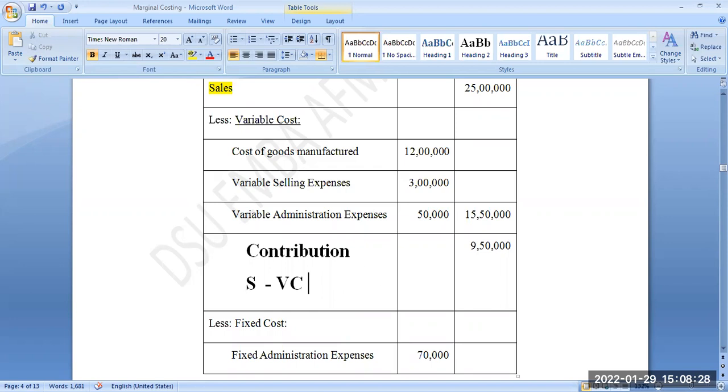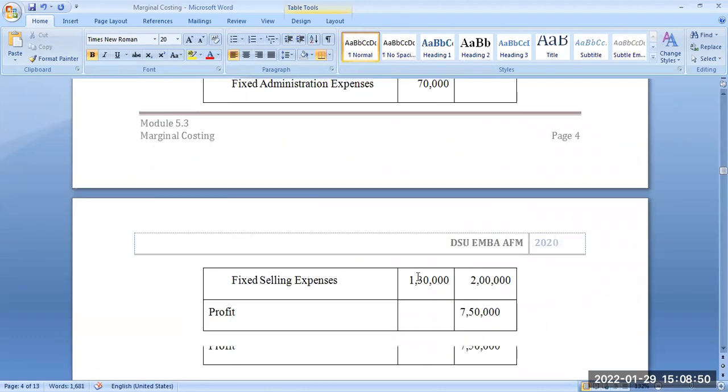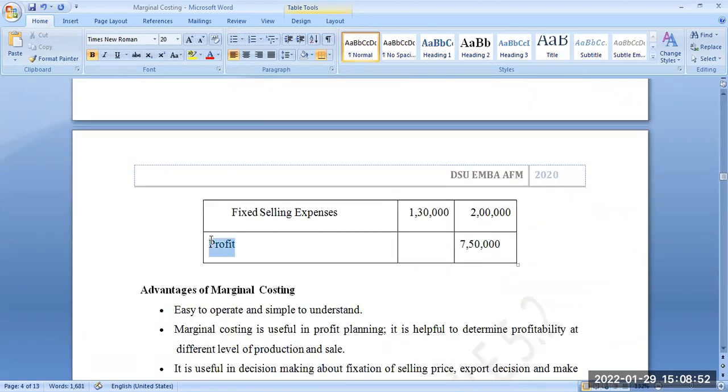Both should be at the same level: sales per unit, variable cost per unit. Otherwise, sales in total minus variable cost in total is equal to contribution. Sales minus variable cost is equal to contribution. Now, if you subtract your fixed cost from the contribution, we get profit.